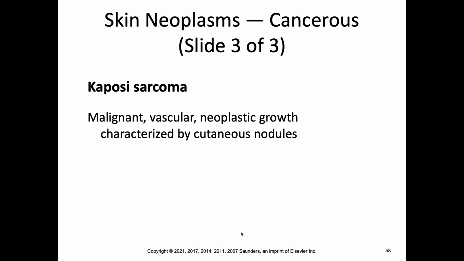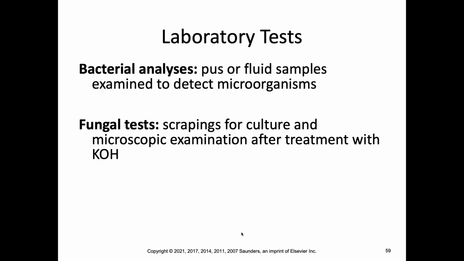They're malignant, they are vascular, so they're into the blood supply, and it's just a nasty, opportunistic type of cancer that attacks these people that are struggling with AIDS, and the lack of immunity that AIDS in and of itself causes.